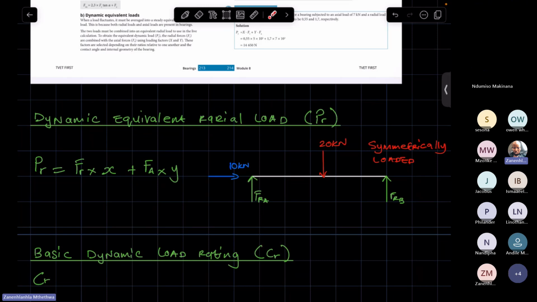Now you get working strength and you get ultimate strength. So the ultimate strength would be the load that a material is being subjected to.